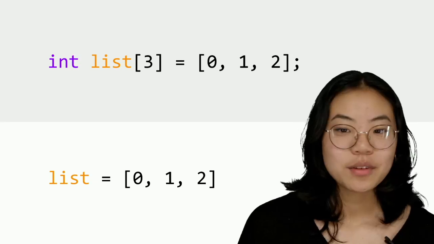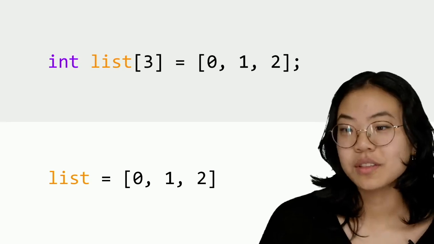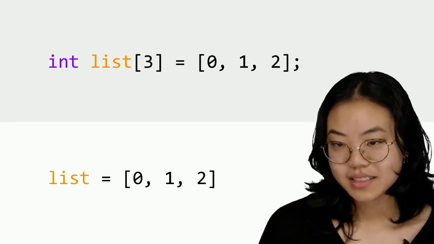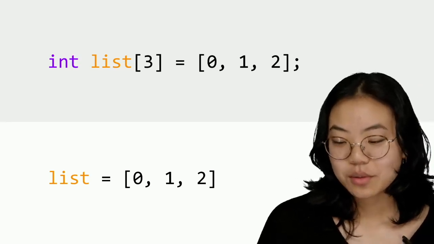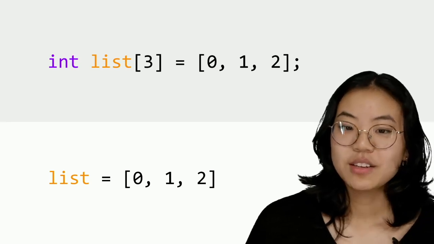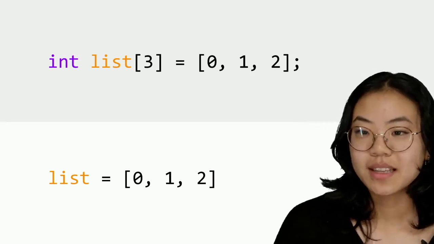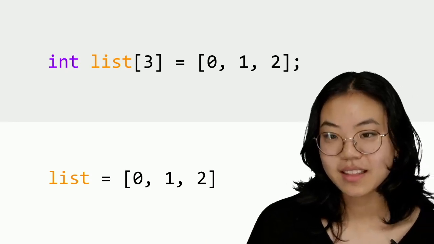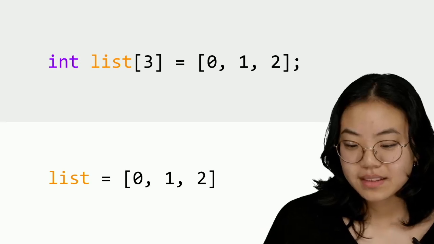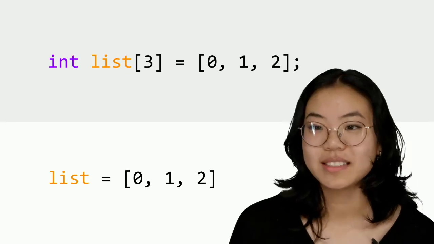And not only that, in Python we are not limited to only one type in your list. So for whatever reason, if you want to store multiple things of different types, you're able to do that in a Python list. You also don't have to specify the length here, as Python knows that it's a certain length, but this length in Python is not fixed as it was in C.